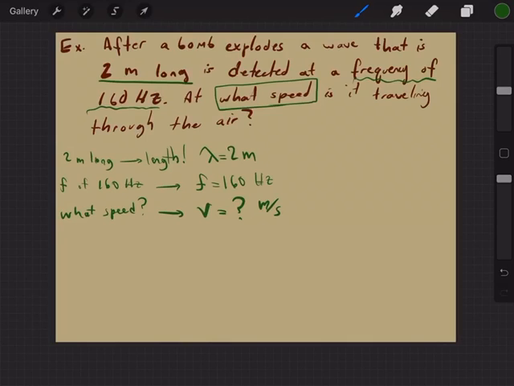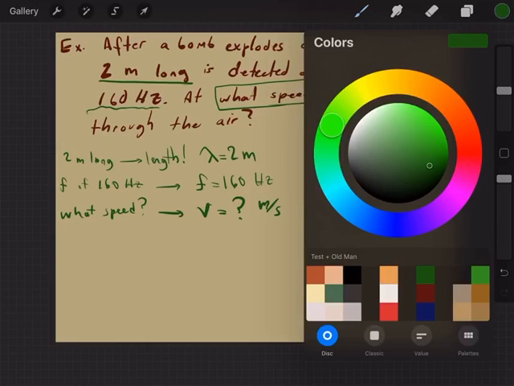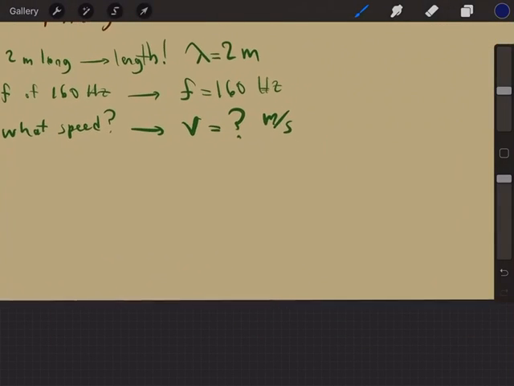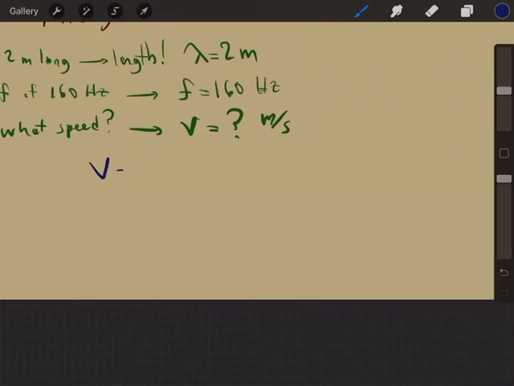So how would we do this? We would plug in our numbers for our formula. Now that we have identified everything that we were given, let's take our formula v equals f times lambda, and let's plug in our numbers here. So what do we know? We know that the f is 160 hertz. So 160 times lambda is 2.